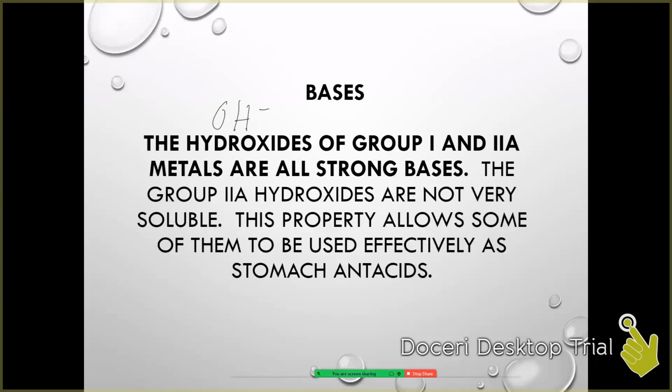So our strong bases are group 1 and group 2A metals from calcium on down. That means beryllium hydroxide and magnesium hydroxide are not considered strong bases. And all it means is that if it's a strong base, it's going to ionize about 100%.